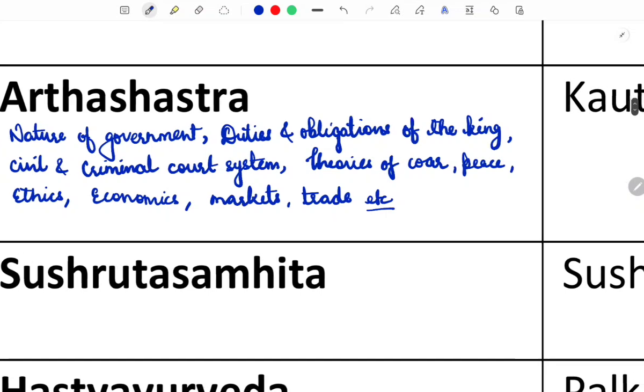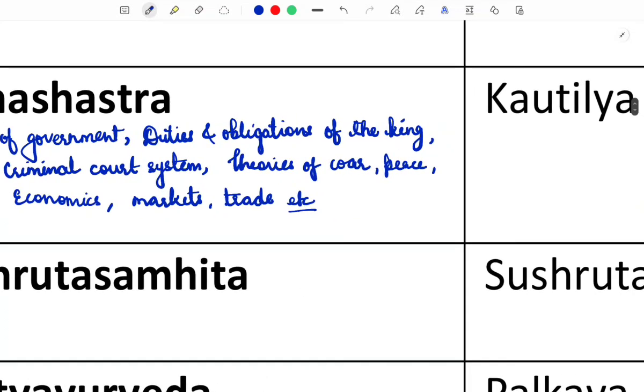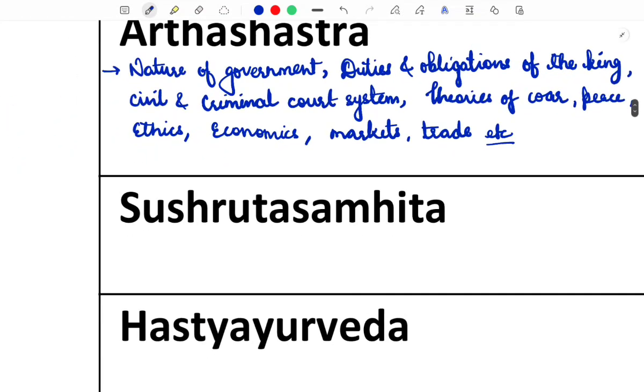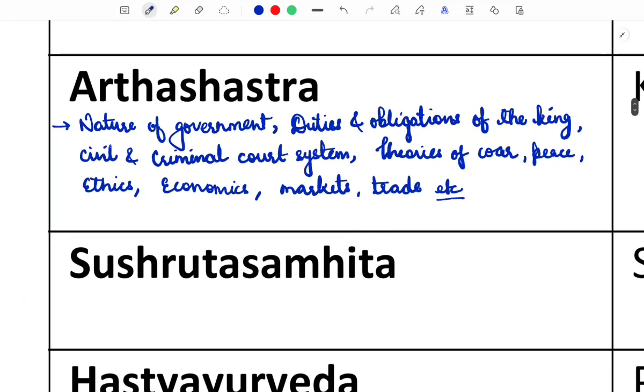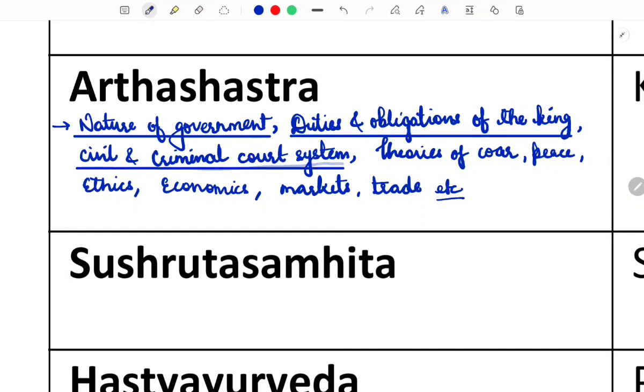Okay, so there are a lot of things which Kautilya has discussed in the Arthashastra. Here you'll see that the first thing is the nature of government, second, the duties and obligations of the king, civil and criminal court systems like the judiciary system, and theories of war, peace, ethics, economics, markets, trade.